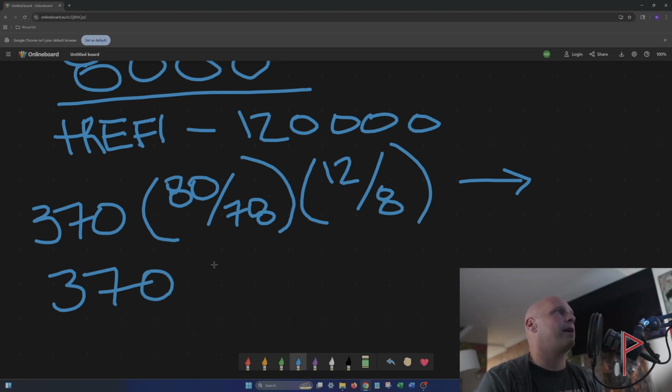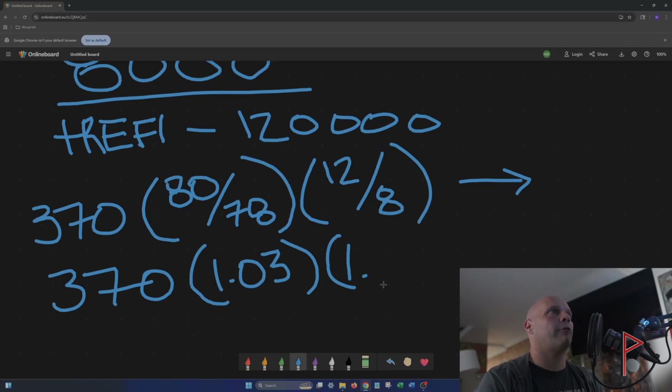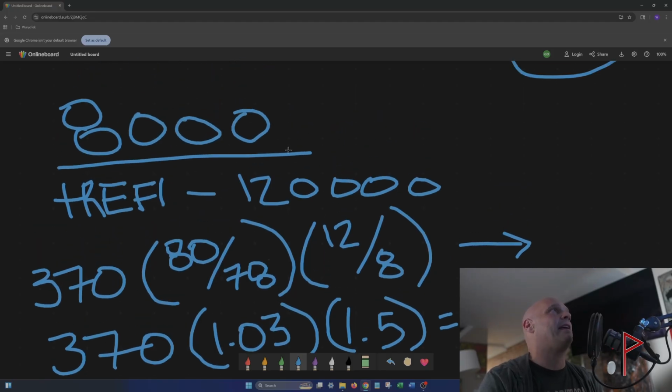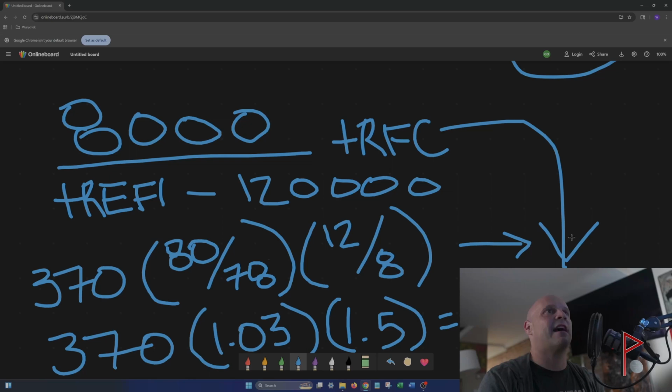That is 370 divided by, having done the math, I know that this is about 1.03, and 12 over 8, of course, is 1.5. And again, having done the math, I know this gives us 570. So at 8,000 megahertz, our new tRFC is 570. And our tREFI target is 120,000.